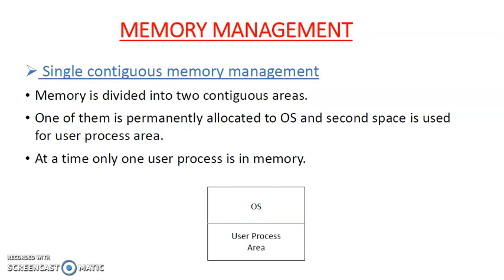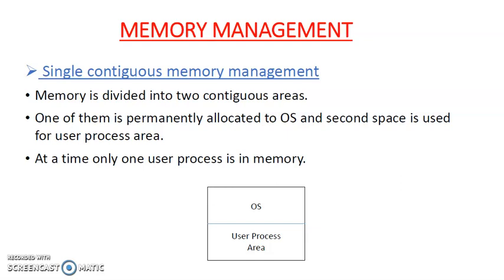Then the memory management concept provides the single contiguous memory management technique. So what is single contiguous management? In this, the program is loaded in a contiguous memory location. As the name suggests, in contiguous memory management, the program is loaded in a contiguous memory location.